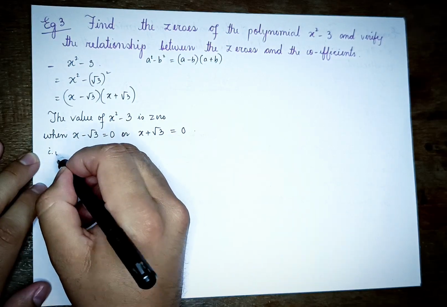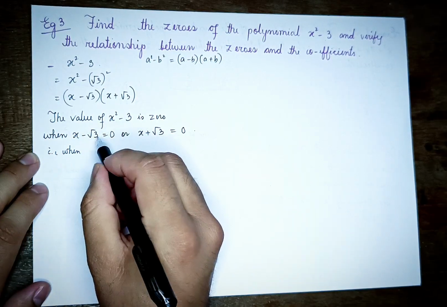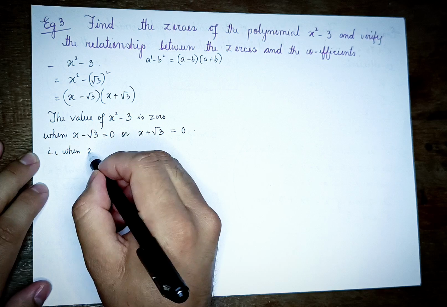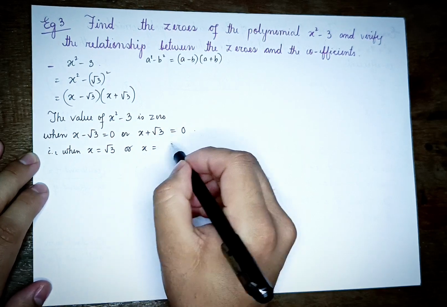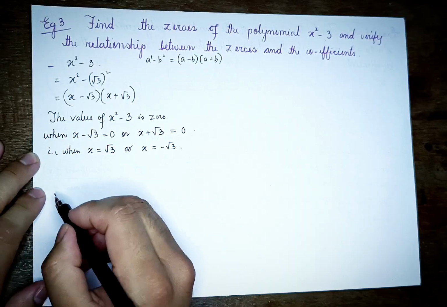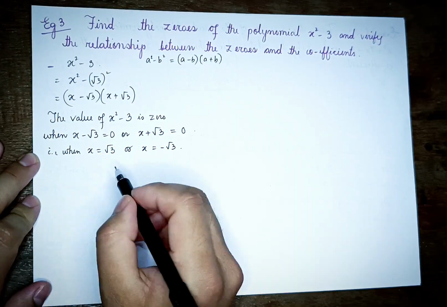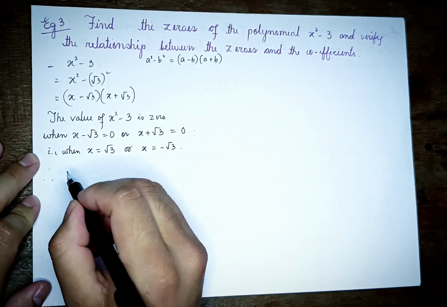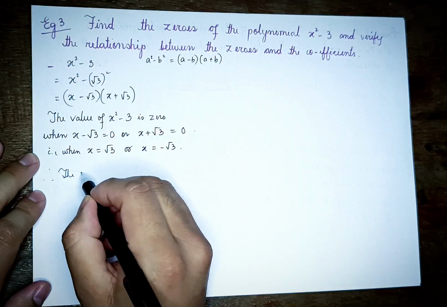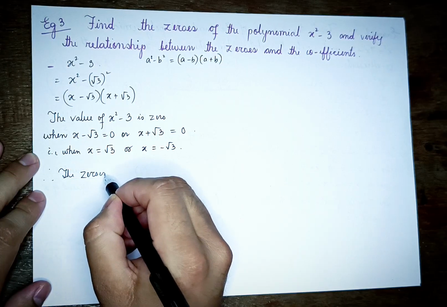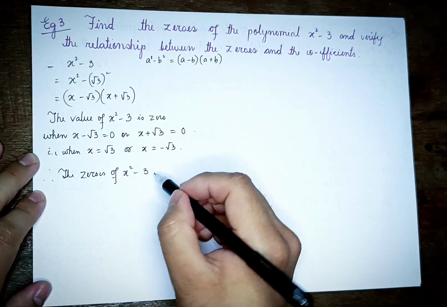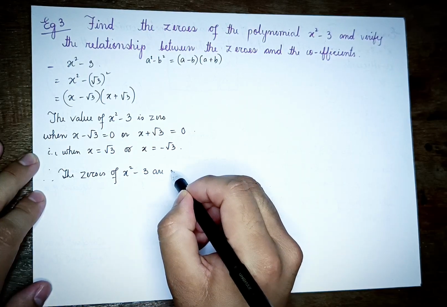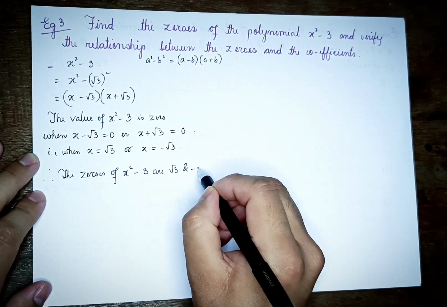That is, after transposing minus root over 3 we get x is equal to root over 3, or x is equal to, transposing this, minus root over 3. Therefore, the zeros of x square minus 3 are root over 3 and minus root over 3.